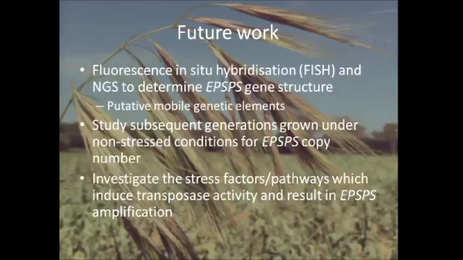So we'd like to study that. And also what would be interesting to look at is what causes the movement of EPSPS throughout the genome, what the triggers might be, what the underlying mechanisms are that transduce the stress signal to the duplication of EPSPS throughout the genome.